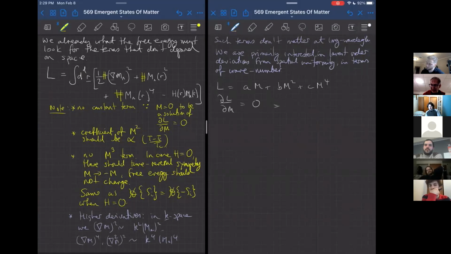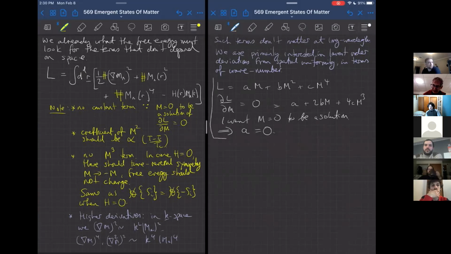So that means I get a plus 2b m plus 4c m cubed equal to 0, right? And I want m equals 0 to be a solution, because I want there to be a solution where there is no net magnetization. And so that means that I need to have a equal to 0. I see. Okay. Thank you. Sure. Okay, so let's keep that in here.